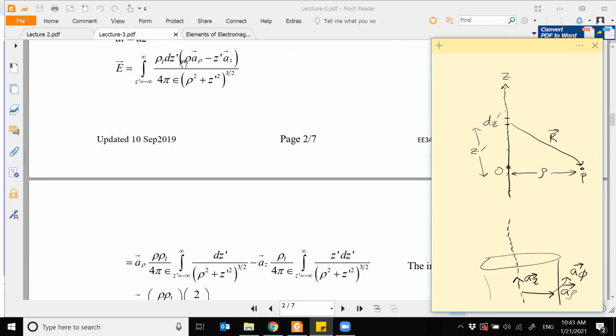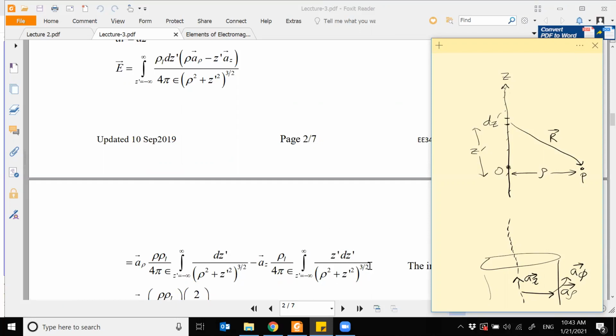So I can take that rho outside, and a rho is the unit vector.